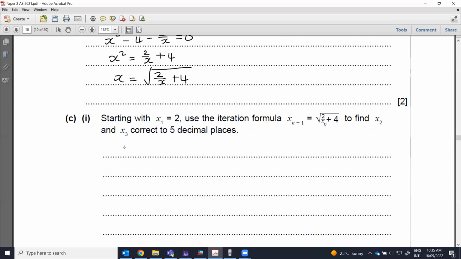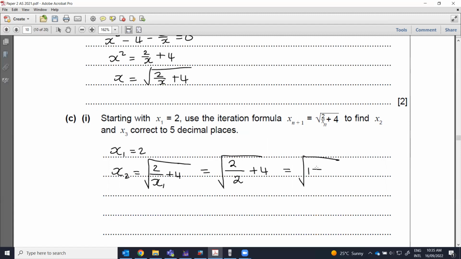Okay, so x1 is given as 2. So x2, just substituting into the formula, I have the square root of 2 over x1 plus 4. This is the square root of 2 over 2 plus 4, which is the square root of 1 plus 4, which is the square root of 5.